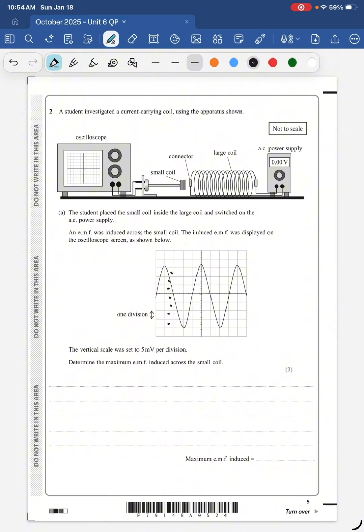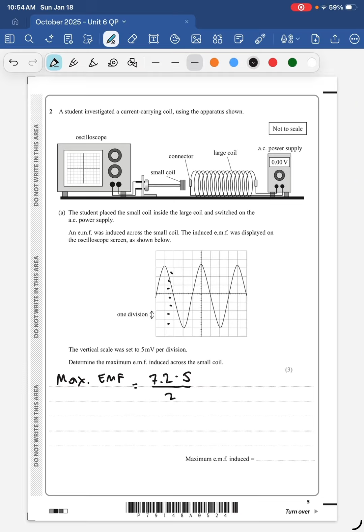So max EMF would be quite 7.2 maybe, and it's 5 millivolts per division. 7.2 times 5 gives 36, but this should be divided by 2, because this is from the minimum to the maximum.